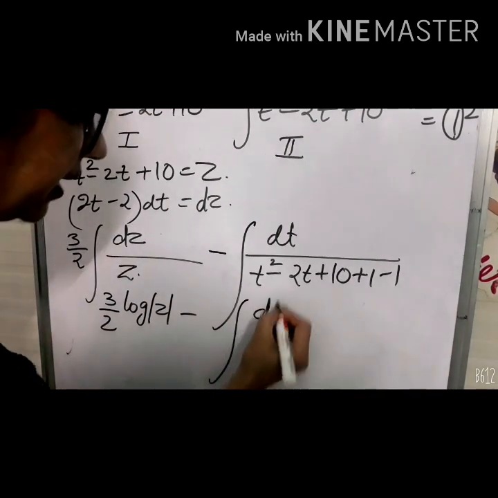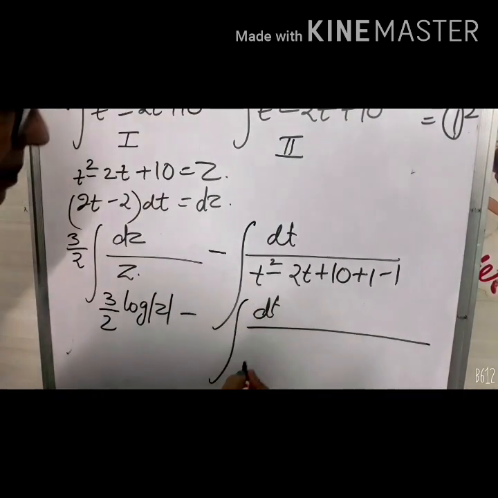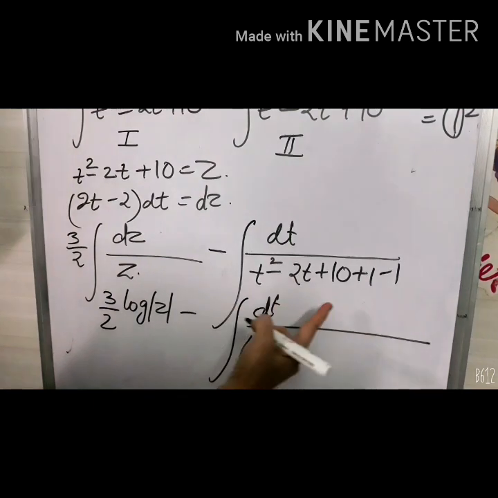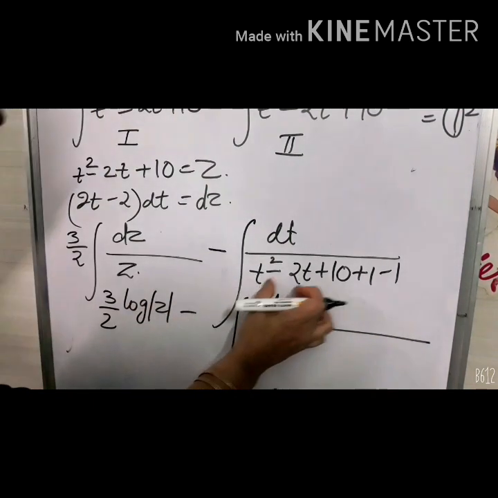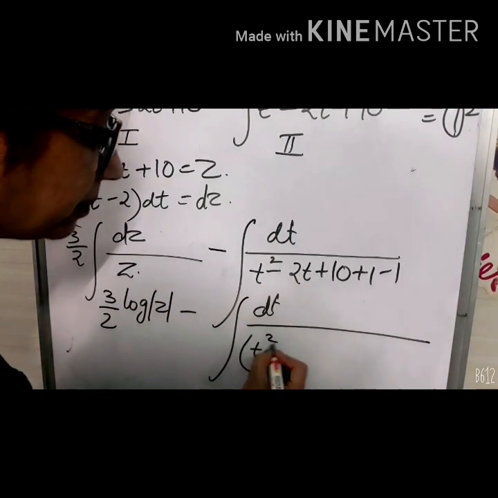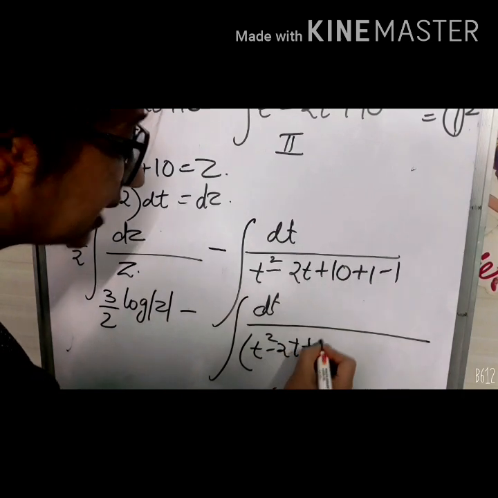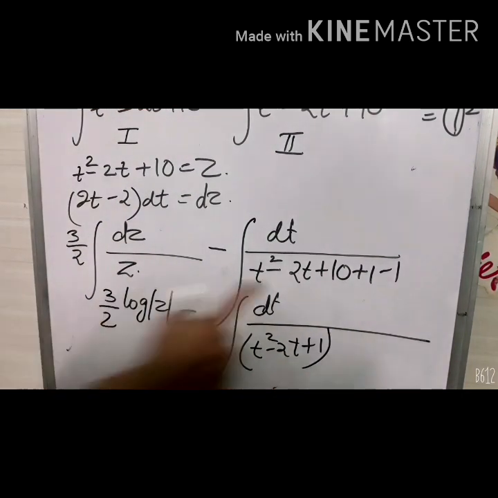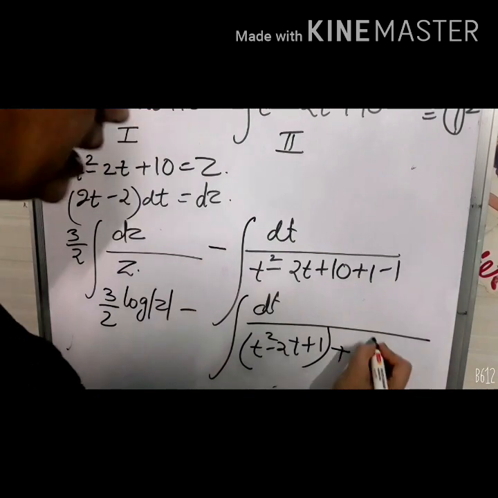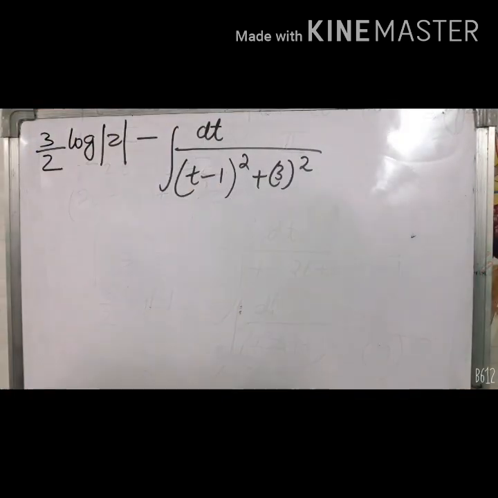Now simple, t square, I told you what we are adding, keep it with this. So t square minus 2t plus 1 I am keeping in one bracket, 10 minus 1, 9, I am keeping in one bracket. Now this is 3 by 2 log z minus the integration of dt by (t minus 1) whole square plus 3 square.